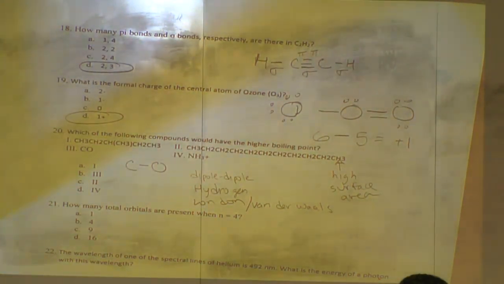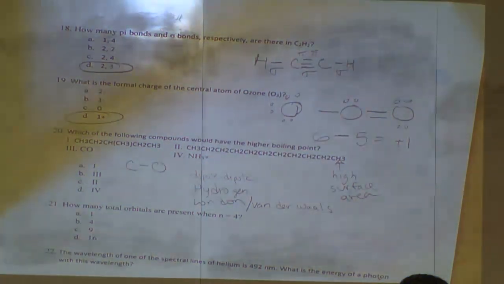Oxygen. So oxygen is more electronegative, right? So by that logic, we can kind of safely assume that this molecule is polar, because oxygen is more electronegative than carbon, right? So that means that if it's polar, which one's more partially negative, carbon or oxygen? Oxygen. So that means that carbon's partially positive.